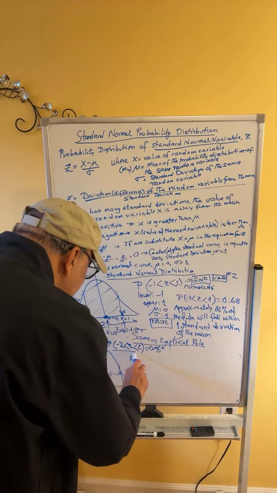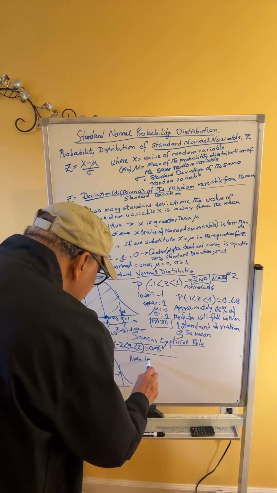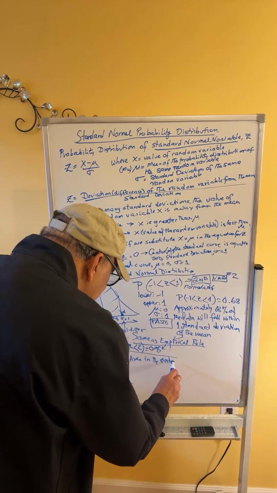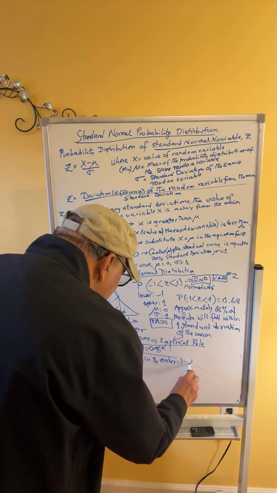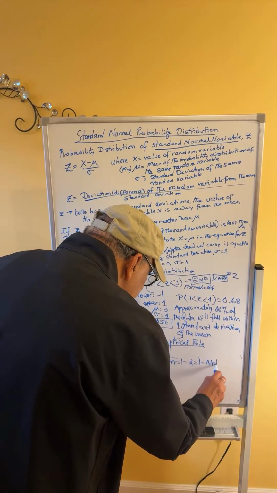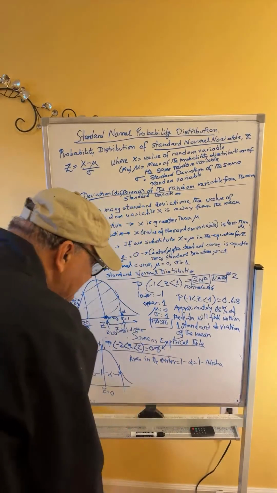Area, so this is a different discussion. Area in the center is 1 minus alpha. This is the area in the center.